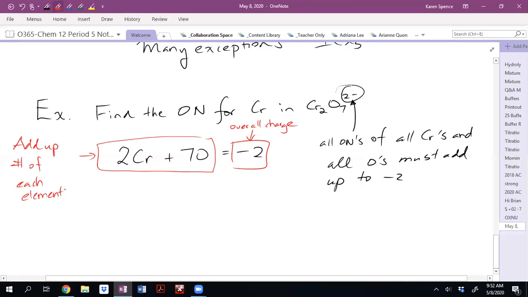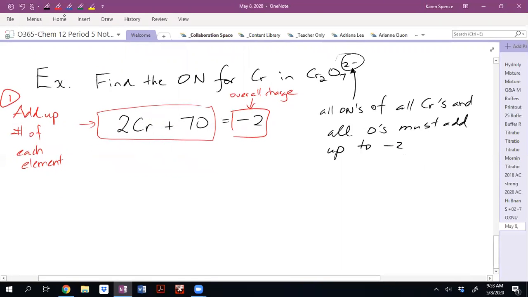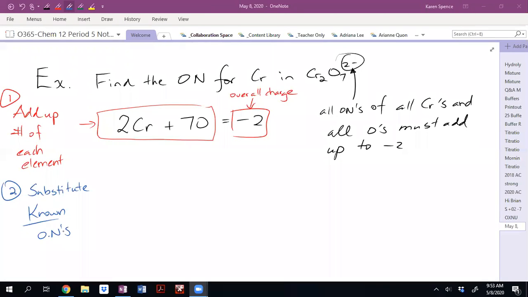The second thing we're going to do is substitute in known oxidation numbers. So step 1, you add up the number of each element and have it equal the overall charge. Step 2, you substitute known oxidation numbers.